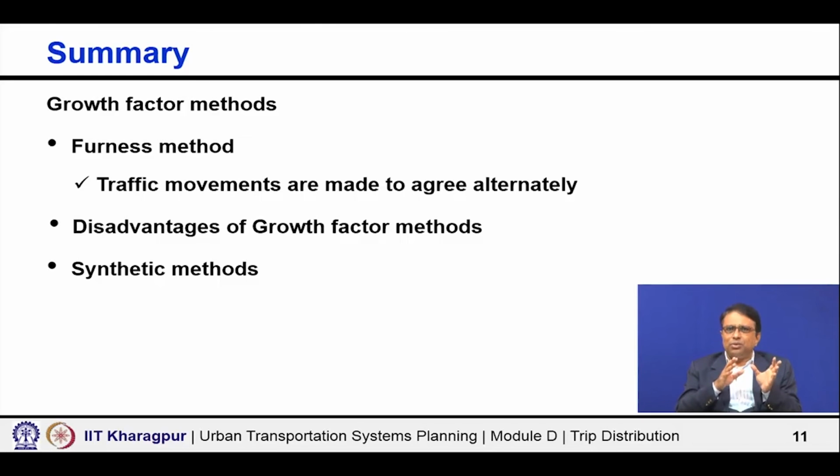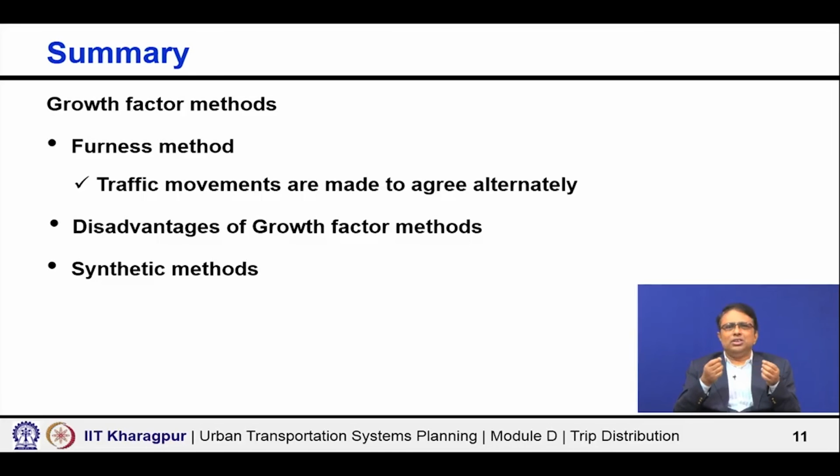But once we understood those limitations, we can apply the growth factor based method advantageously when those limitations are not really an important consideration in a given context. How? Say maybe there is no change in the transport network. A city's network does not change every day, right.